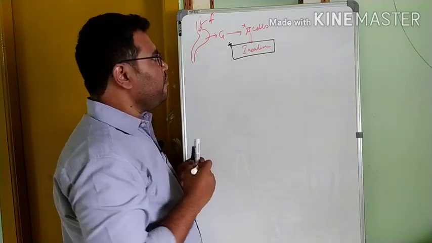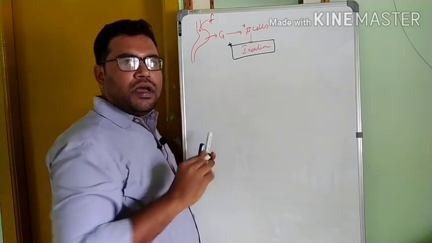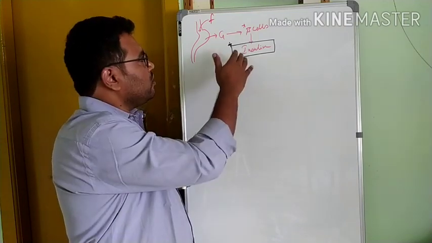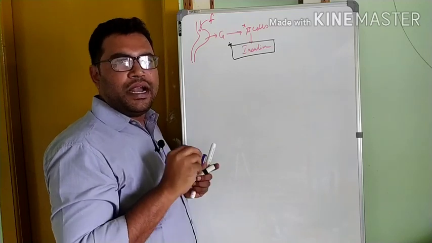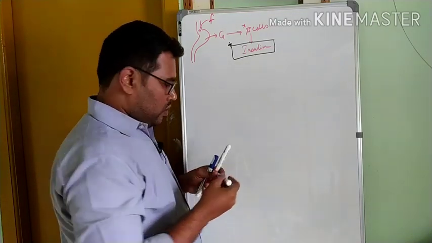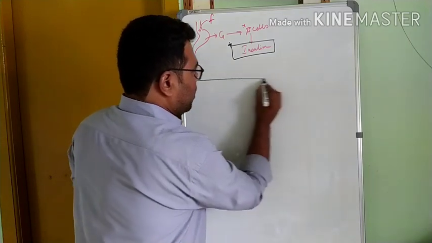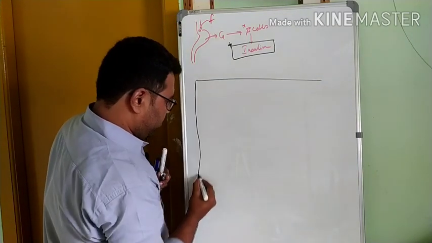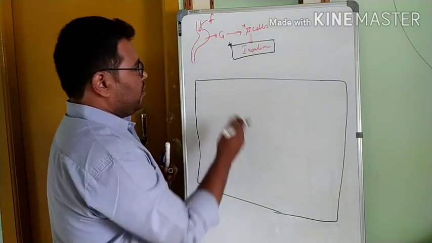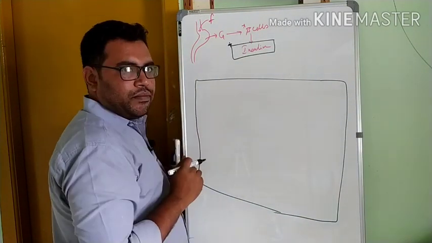tissues. Okay, so insulin is a hormone and it will not directly store the glucose from the blood. It needs a separate mechanism, and it needs one receptor, right? So I will draw a diagram which represents this insulin mechanism.